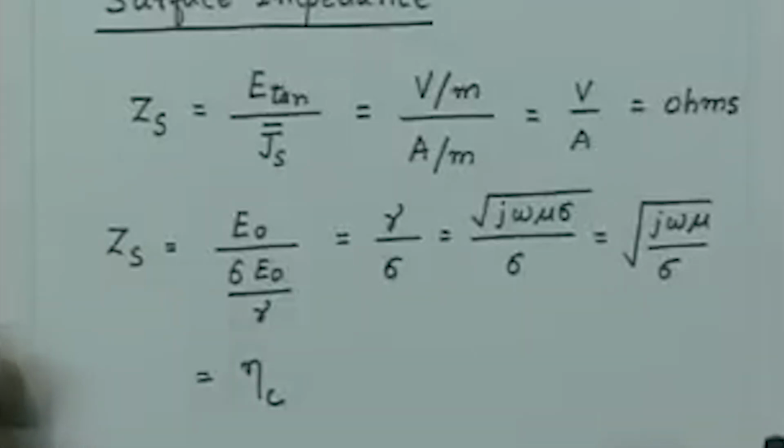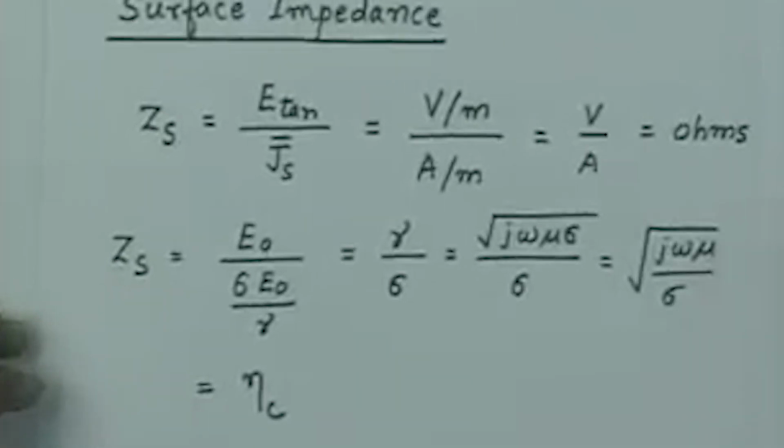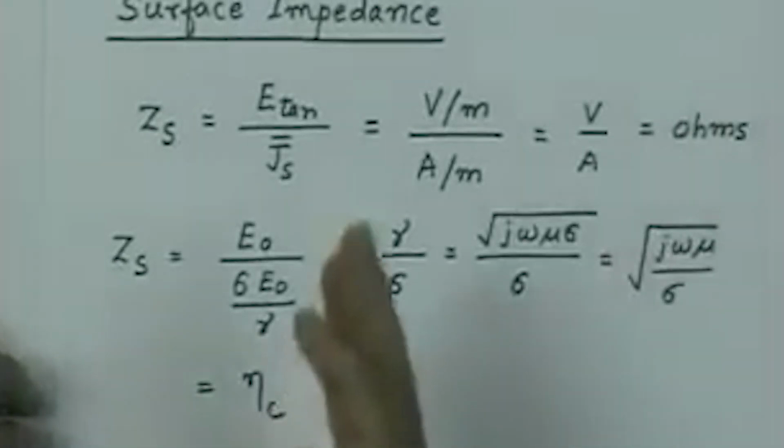Once we have this surface current density, we can ask how much is the power loss because of this current flowing in the surface of the conductor. So we take a surface and ask, if I have a unit area on this surface, how much is the total power loss in this unit area of the conducting surface?